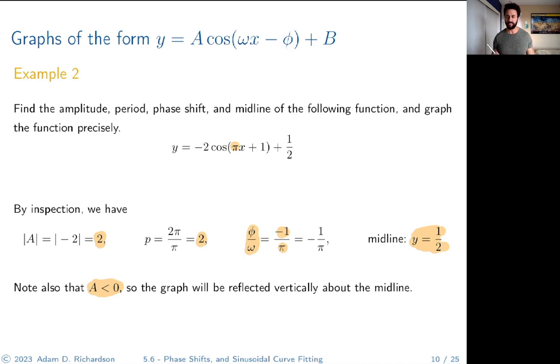Another side note I want to make here, don't be put off by the fact that our period doesn't have a factor of pi involved in it. It's actually very common for the period of a function not to be something like 2 pi or pi over 2 or 3 pi over 4 or anything like that. A lot of times the period will just be an integer, and a lot of times the period will be 1 because we want to scale it in that way.